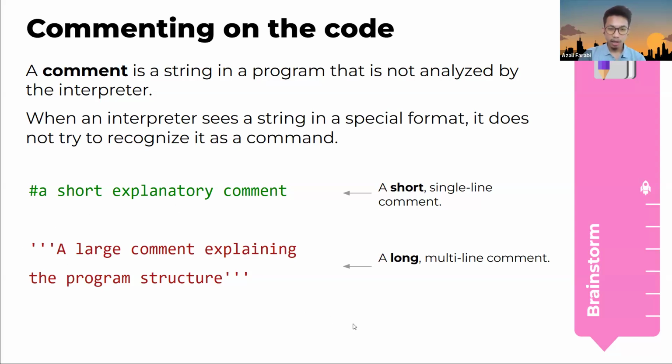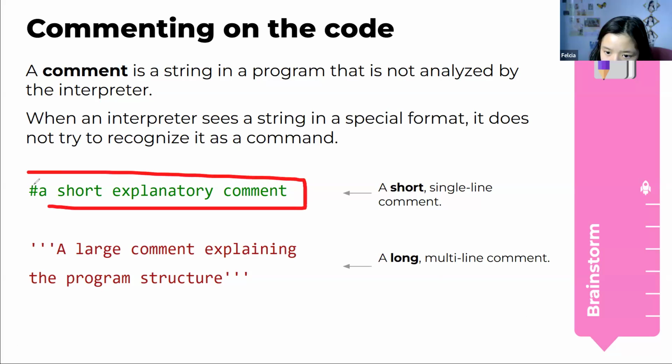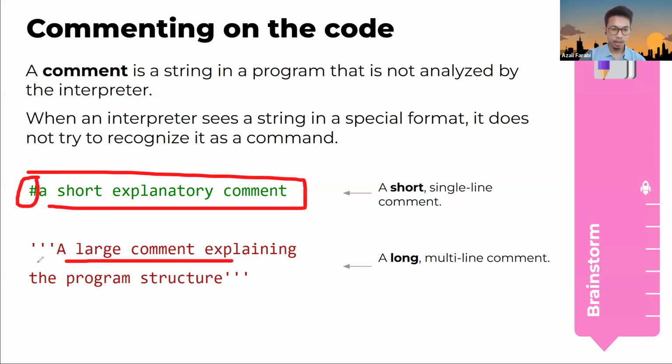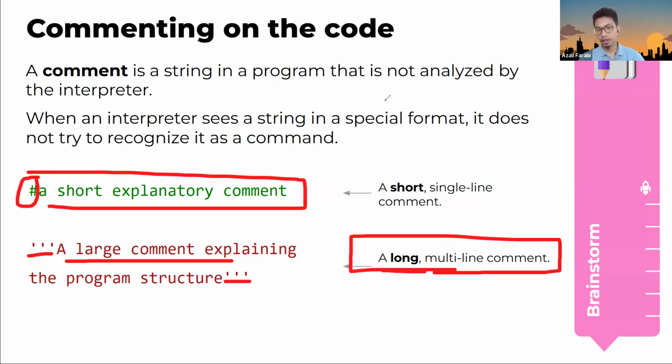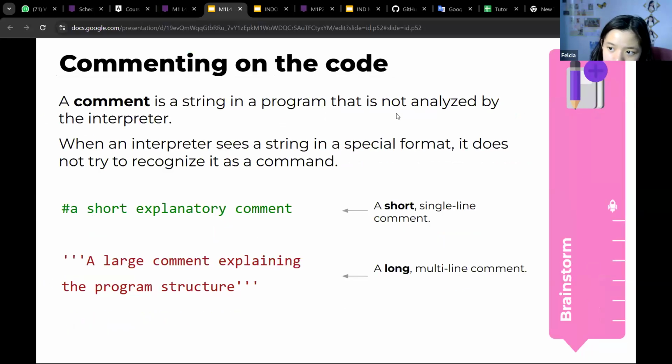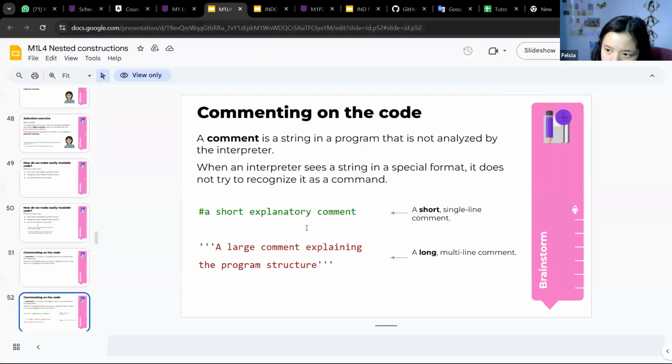We have two ways to write a comment. First, if your comment is just one line like this, you can use a hashtag. But if your comment consists of more than one line, you can use triple quotes like this, for a long multi-line comment. What is it for? It's a hint.